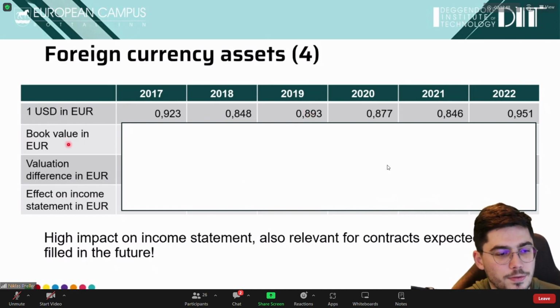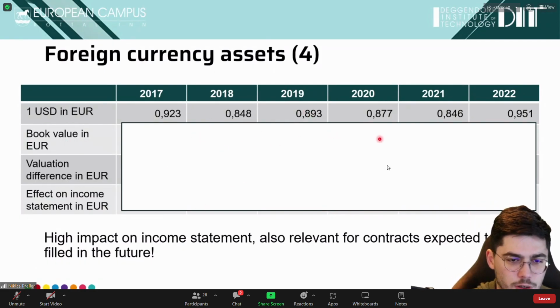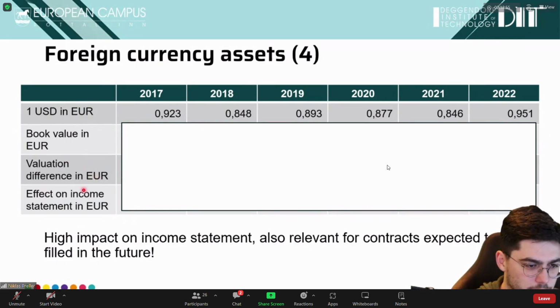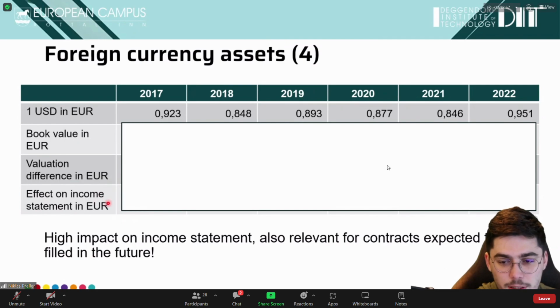What is the book value in euros at each reporting date? What is the valuation difference and the effect on the income statement from this account? Just from this account. There are no transactions whatsoever. We just keep that money in our bank account. So take a few minutes and think about that, and after that we will take a look at your solution.